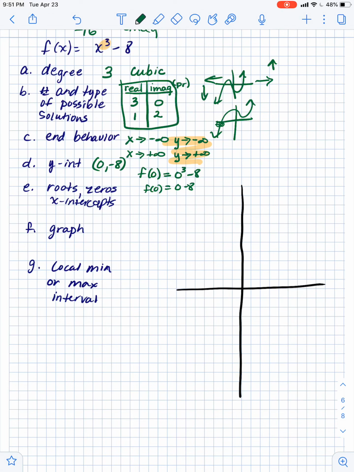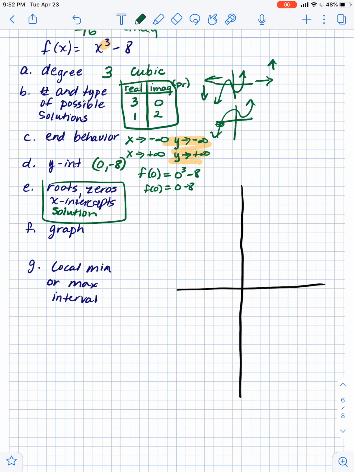Our next piece is to just jump right in and find our roots, zeros, x-intercepts, solutions. We've talked about how those all mean the same thing. Roots, zeros, and x-intercepts are used more when we're graphing. If we're just solving and not graphing, we use the word solutions.